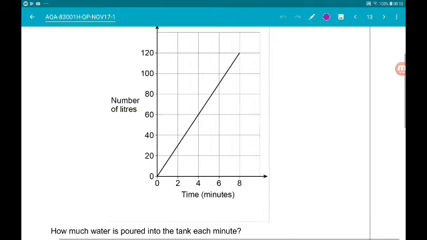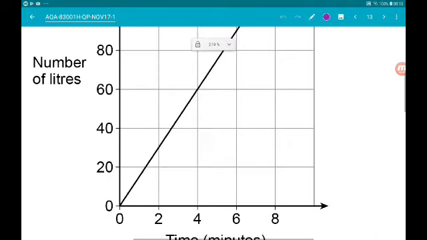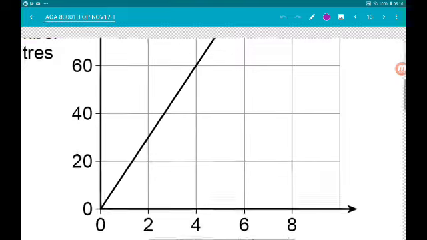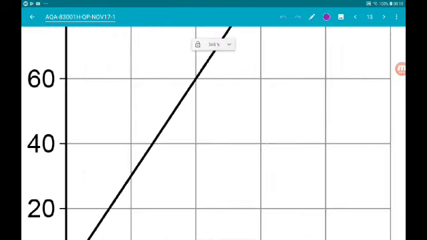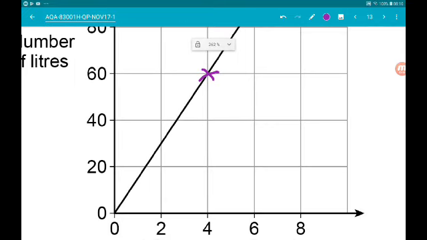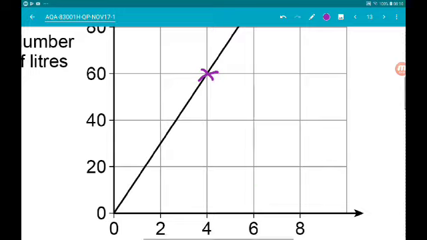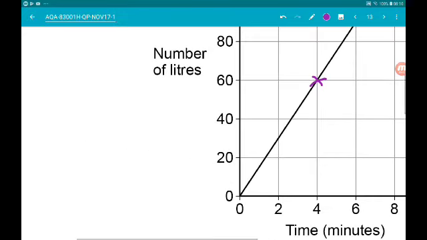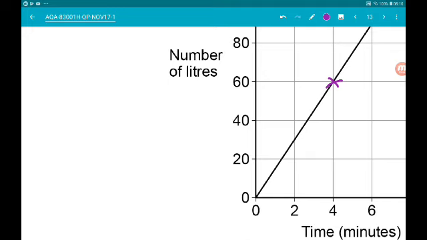If we look at the line, we can see that after 4 minutes there are 60 litres in the tank. So to work out how much is being poured in each minute, we do 60 divided by 4, which gives us 15 litres.